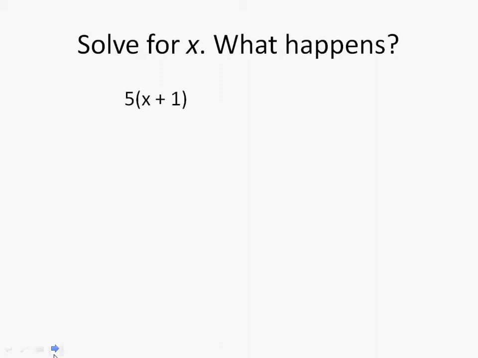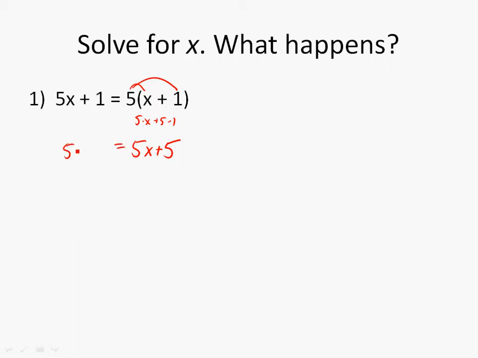Don't look at it. Let's work on simplifying this first. 5(x plus 1). That's a distributive property. So I get 5x plus 5. Now that's completely simplified. So let's bring back the other part of the equation, equals 5x plus 1.